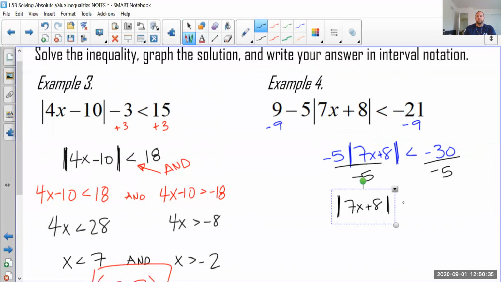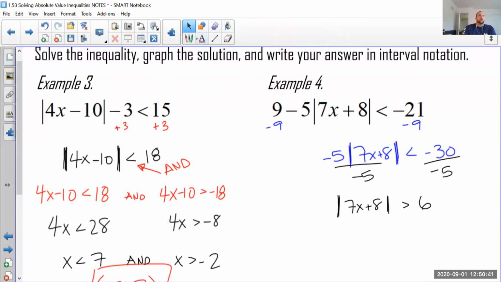We have to flip this sign, so make it greater than +6. That is why you cannot decide if it's an "and" or "or" problem at the beginning, because now when we look at this, it's greater than, so this is an "or" problem. If you would have looked up here, it was less than, and that would have been an "and" problem.